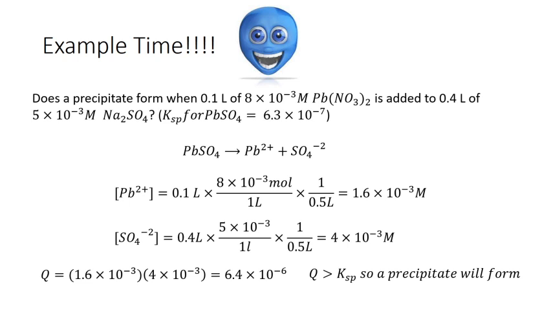So if you think back to the last slide, when Q is greater than KSP, a precipitate will form because our current conditions are beyond the solubility of that particular compound. And so when we mix these two things together, we will get solid lead sulfate out of that reaction.